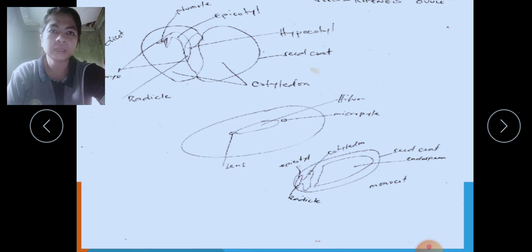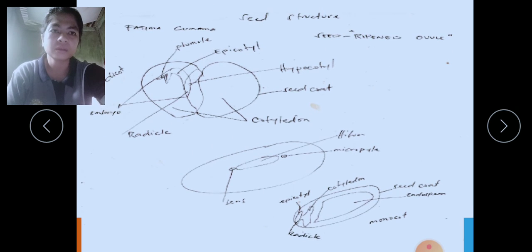And then the third part of the seed, of course, is the embryo. It has several parts. First, the radicle, the primary root of the seed, is the first to come out during germination.